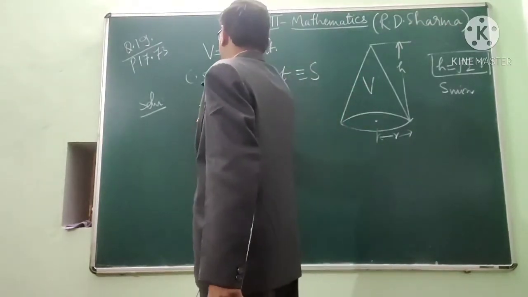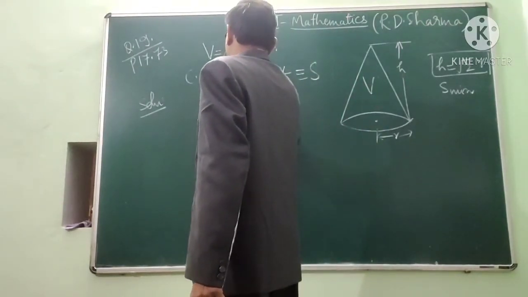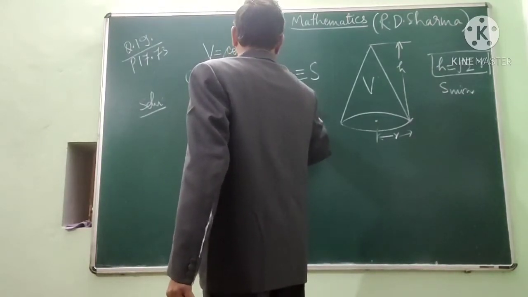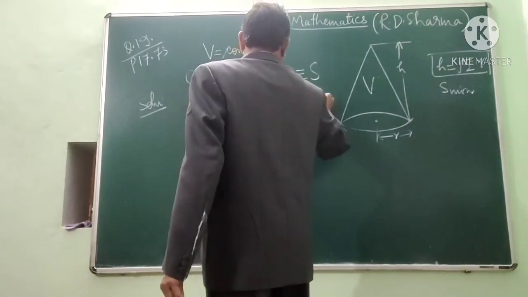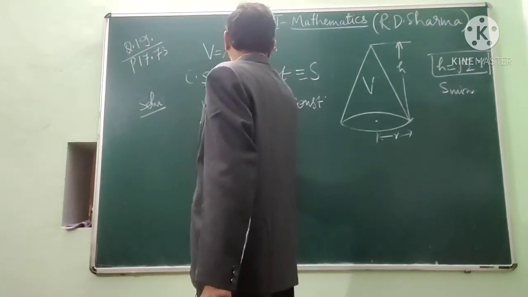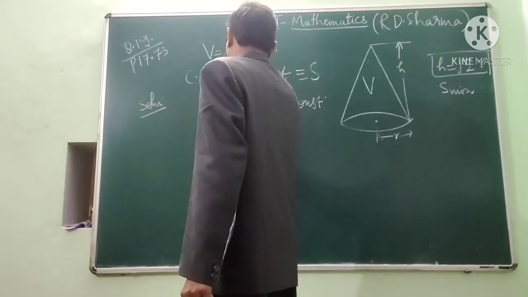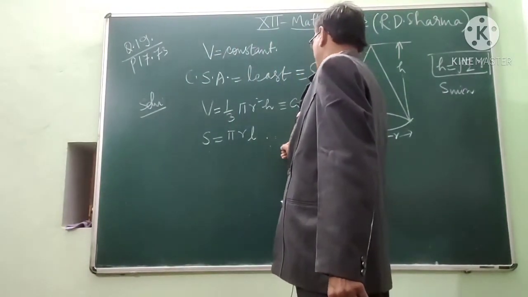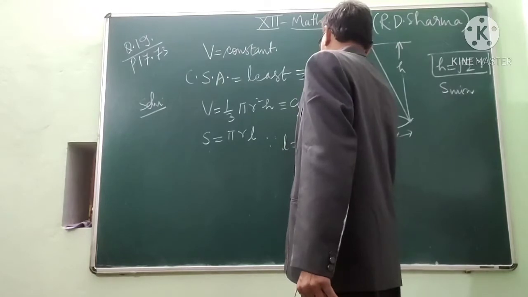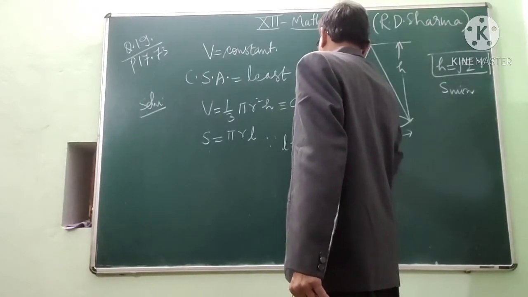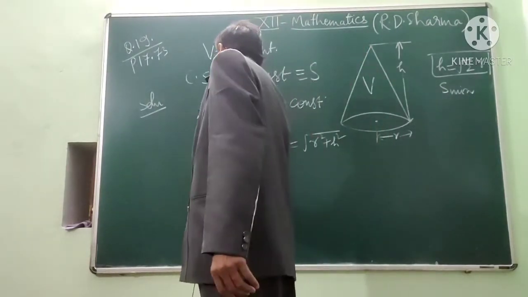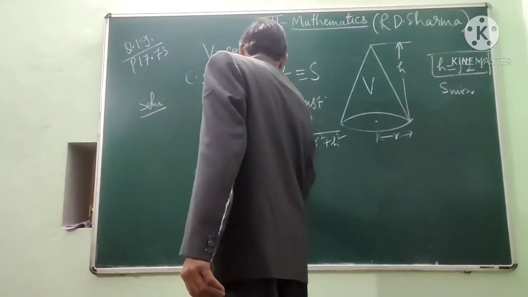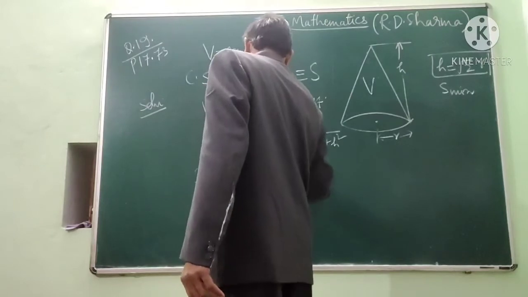Here, the volume of the cone is 1/3 pi r square h, which is constant. The curved surface area, let it be s, equals pi r l. Since l equals root of r square plus h square, s equals pi r into root of r square plus h square.